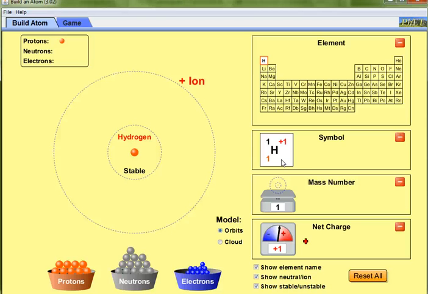When you add, let's say, HCl in water, the proton from the HCl does not exist as it is. It combines with water and exists as hydronium ion. Is that clear?